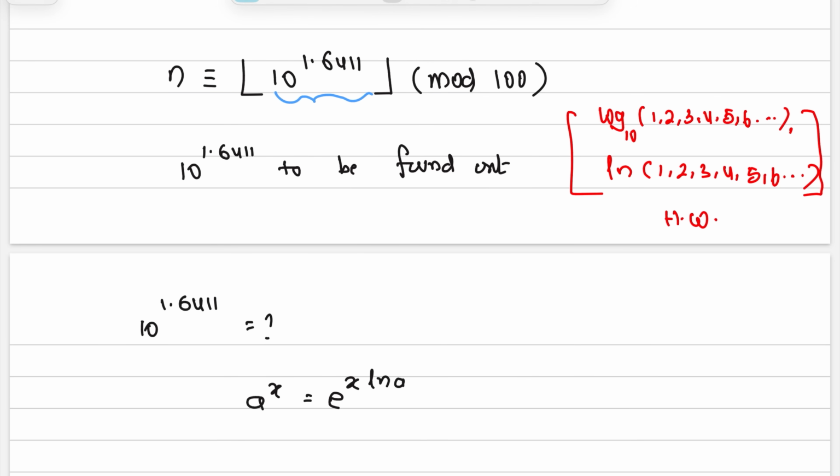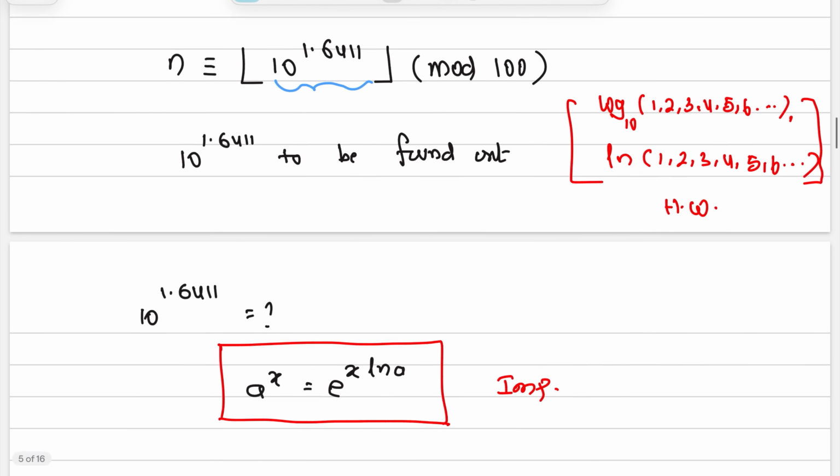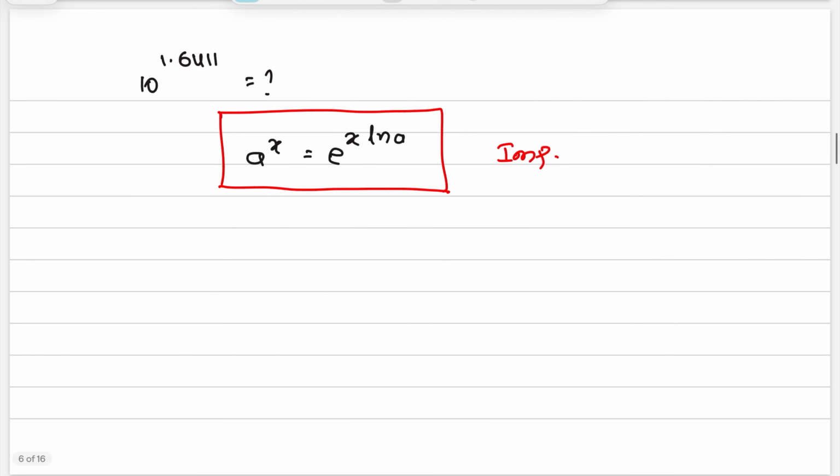Please remember this, a very, very important relation between exponential numbers and natural logarithm. Now, what I am supposed to find out, 10 to the power of 1.6411, will be equal to e to the power of x into ln 10, where ln is natural logarithm.